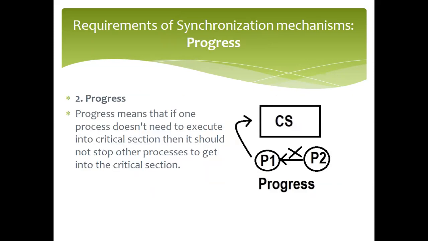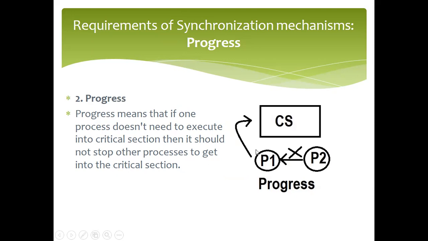The second one is progress. Progress means if one process doesn't need to execute in the critical section, then it should not stop other processes from getting into the critical section.